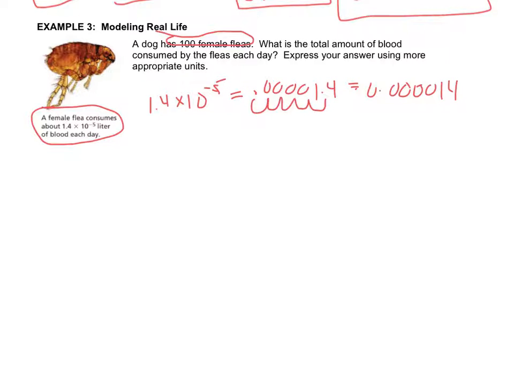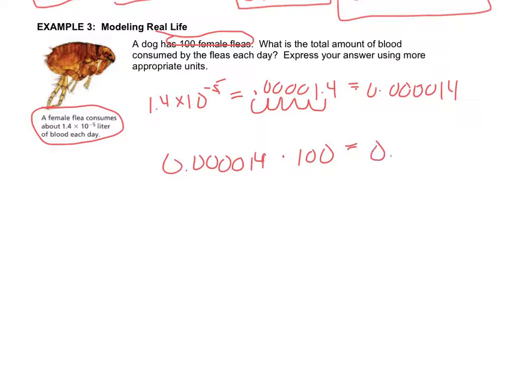That basically tells me how much blood they consume each day. But we want to know, that's for one flea. We want to know what is it going to look like for 100 fleas. So really, you're going to take this number and multiply it by 100 fleas. When you multiply something by 100, it's going to move your decimal place to the right 2 places.